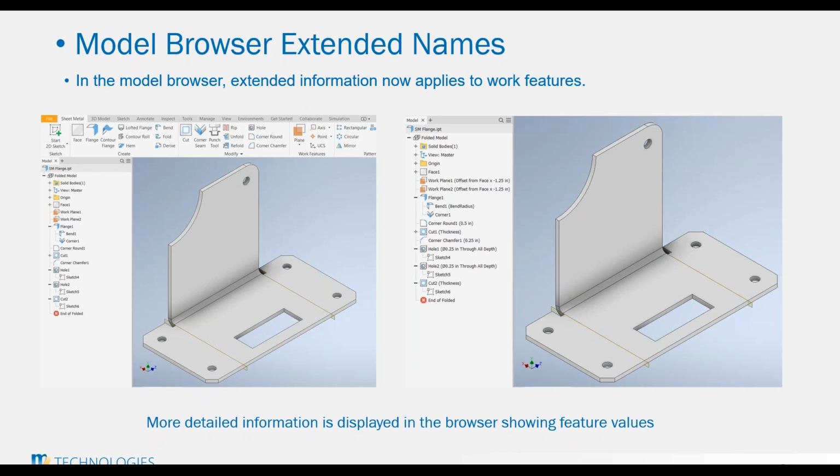And what's nice about this is they've extended the information to the work features. So now you can actually turn this tool on, and it will show you the information. On these two work planes that you see here, they're offset from each side in, and it gives you that information, which you may find useful.